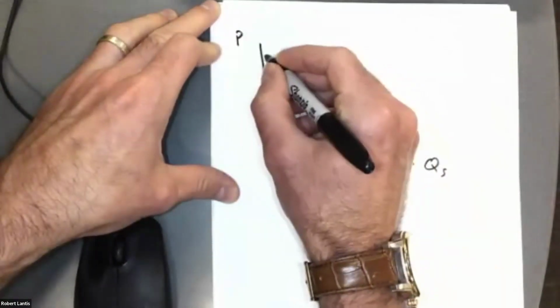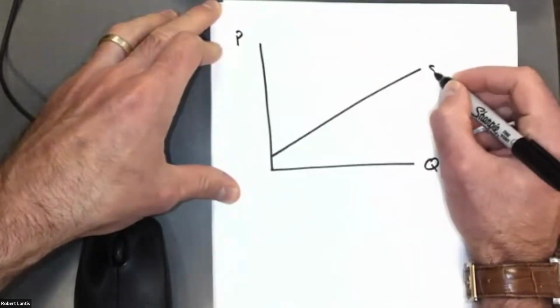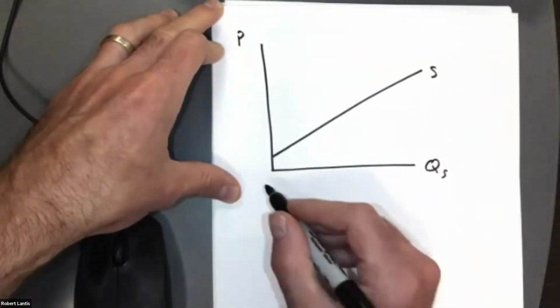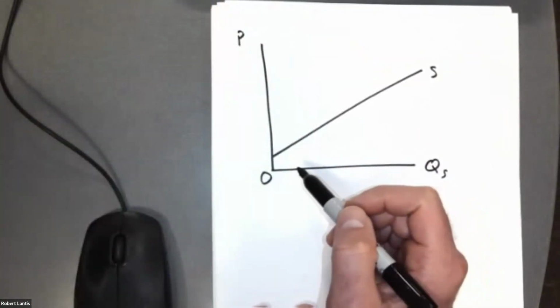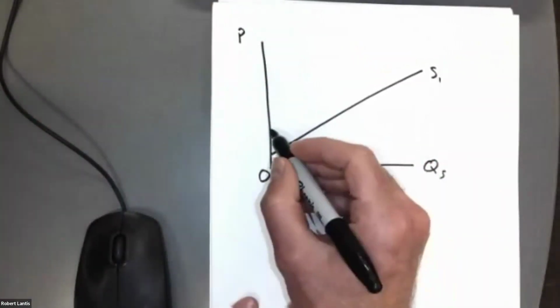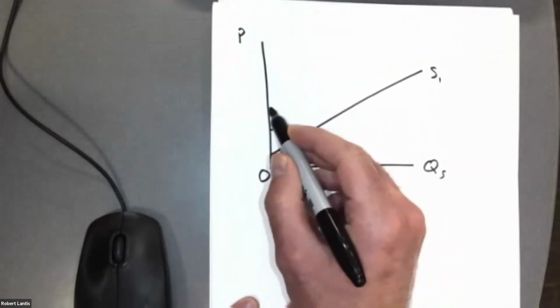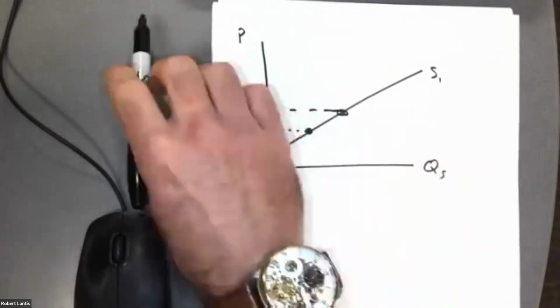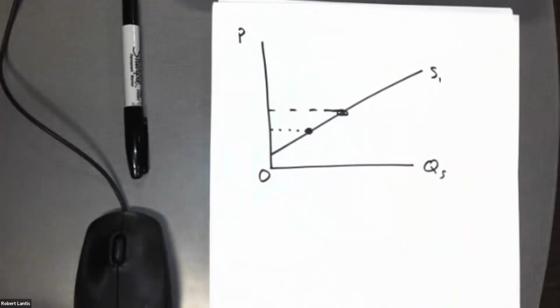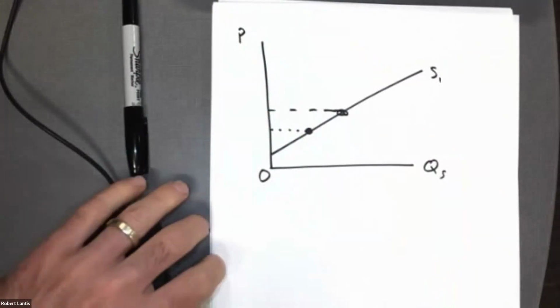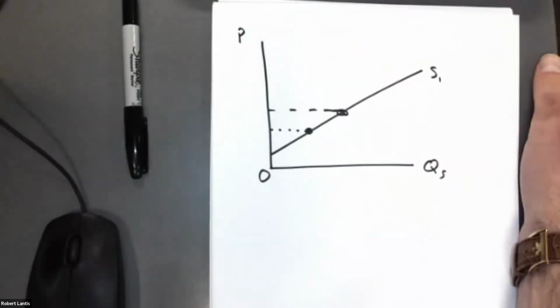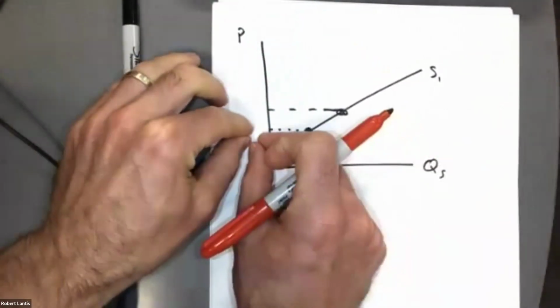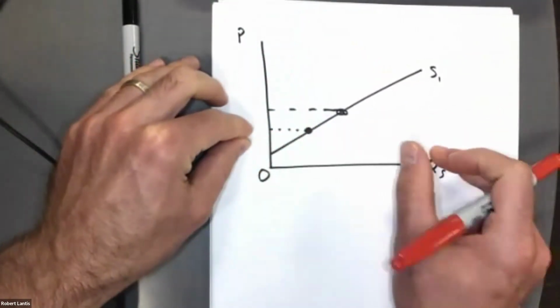So let's say I've got my supply curve here. Okay. Here's the 0 point. A supply increase would mean that at every single price, I am now, let's do an easy one. If I have more producers, more companies, at every price, I'm now going to have a higher quantity supplied.